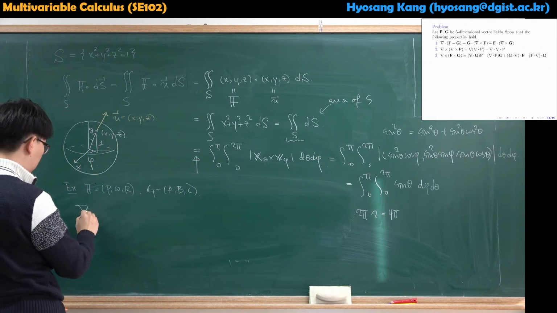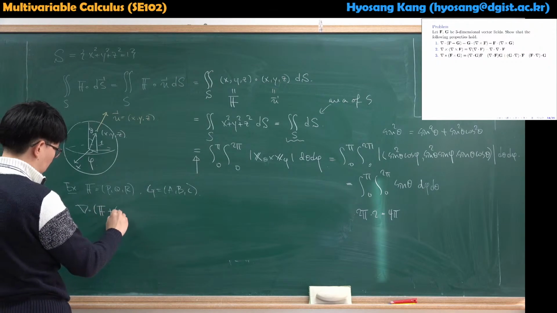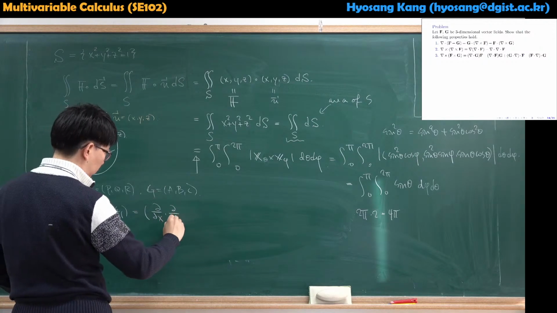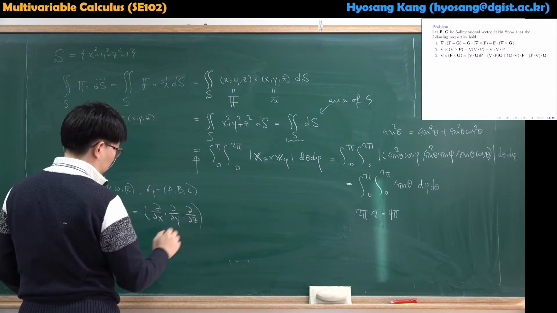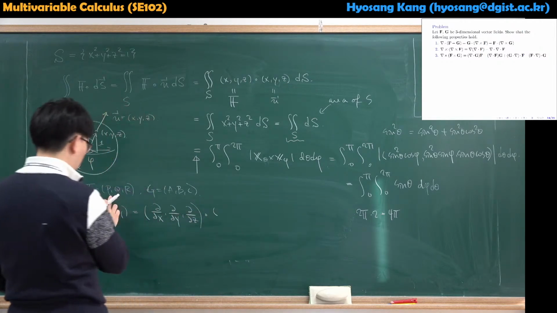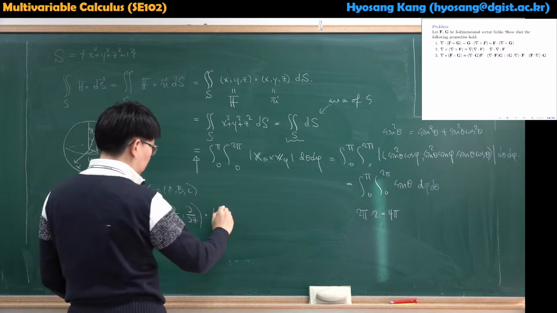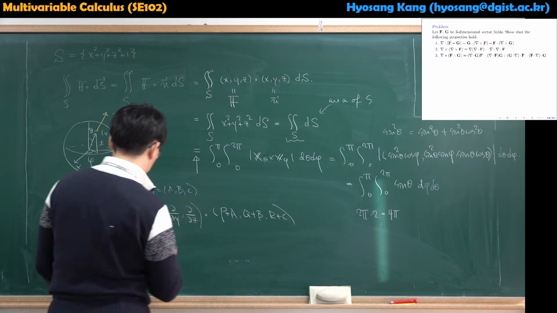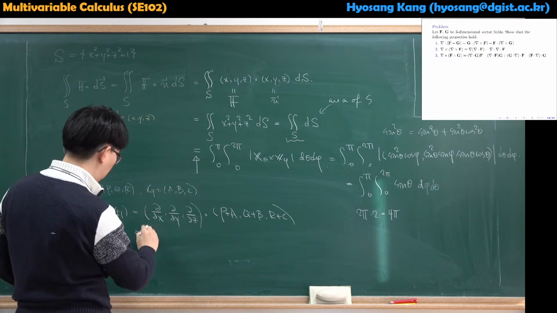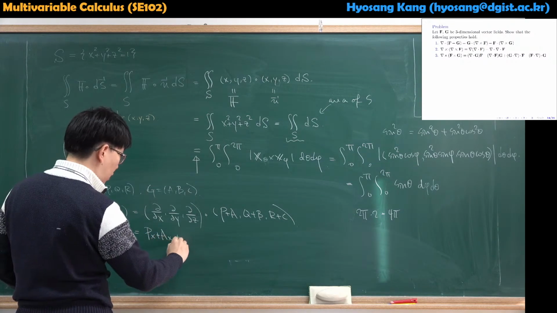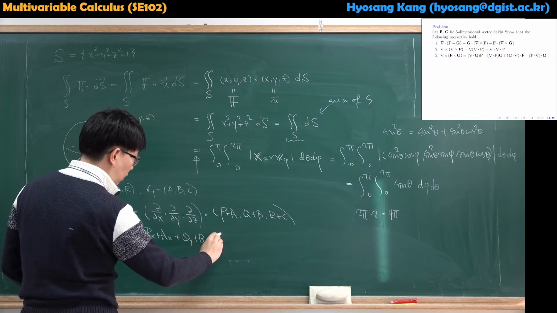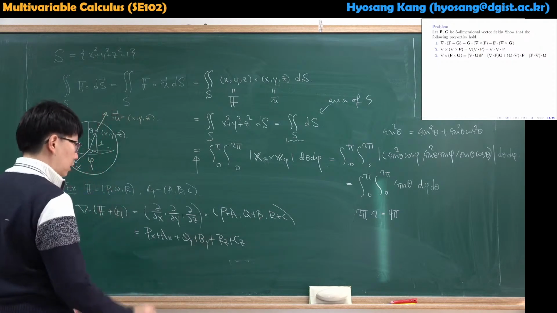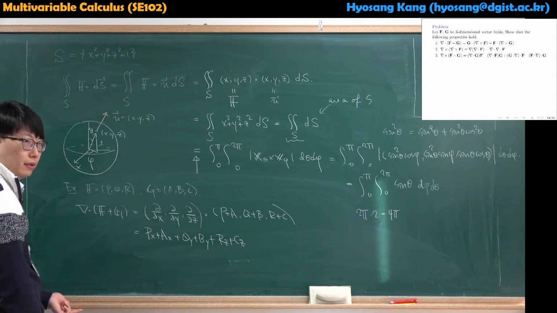Then what's on the left-hand side? This is nothing but del del x, del del y, del del z inner product with F plus G, which is P plus A, Q plus B, and R plus C. So basically we are taking partial derivatives of P plus A, Q plus B, and R plus C. So that's the left-hand side.